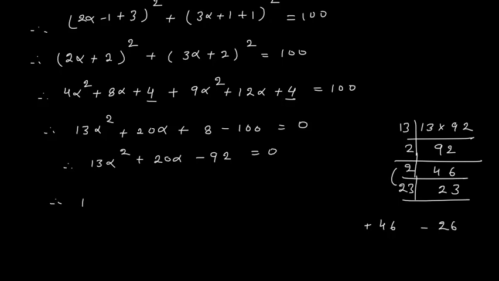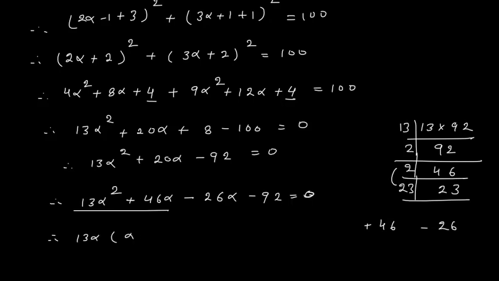So therefore here we say that 13 alpha square plus 46 alpha minus 26 alpha minus 92 is equal to 0. Okay, so now from these two terms I will take 13 alpha common, and here I will have alpha plus 2, and here I will take minus 26.